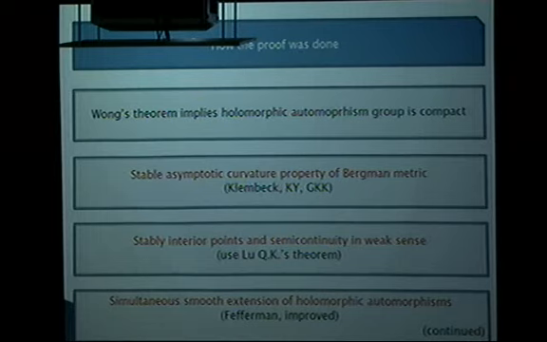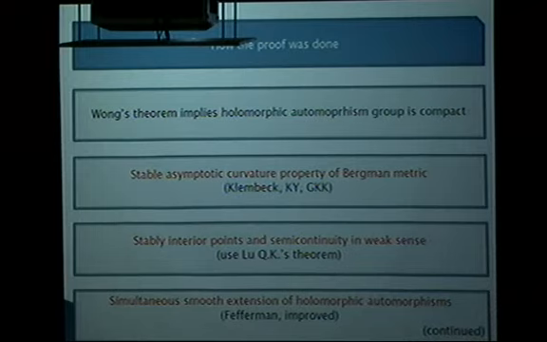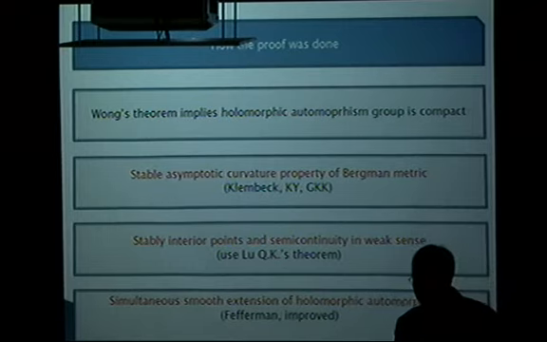But we precluded that right from the beginning. So we do not have that. Certain points cannot be carried out to the boundary whatsoever. That's what we call stably interior points. And that is almost enough to conclude the semi-continuity without the conjugation issue.